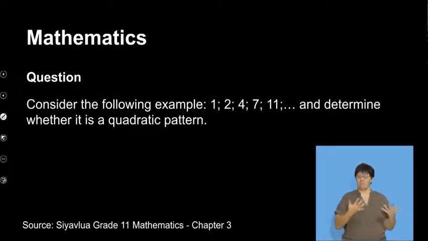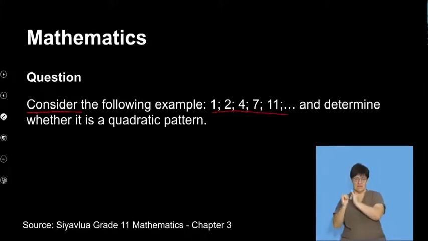So we are being given an example that's asking us to consider the following pattern that goes 1, 2, 4, 7, 11. And we are going to determine whether it is a quadratic pattern.